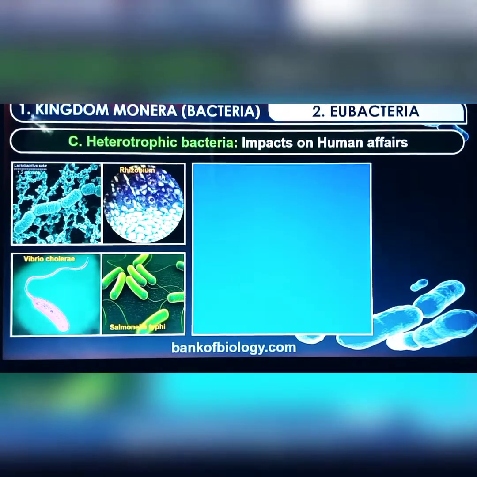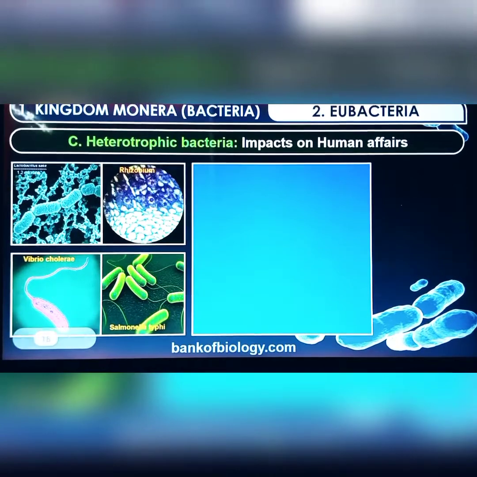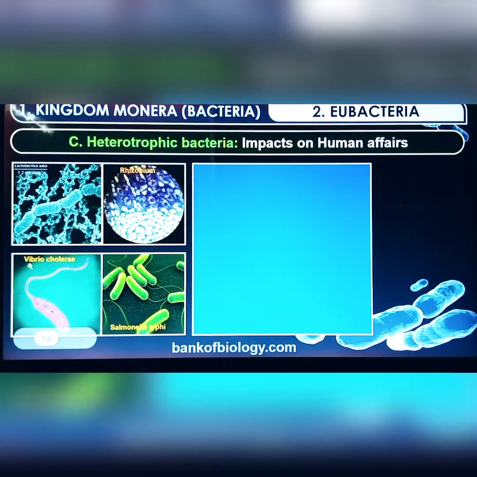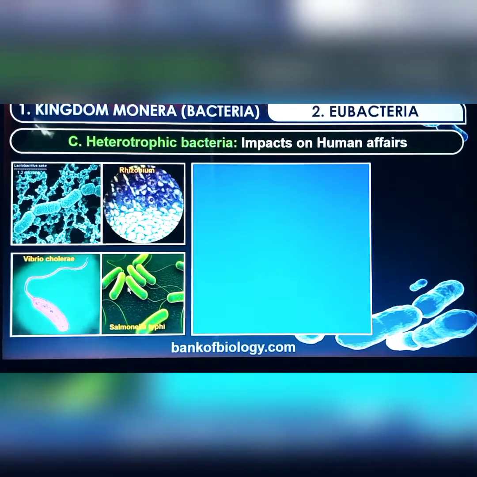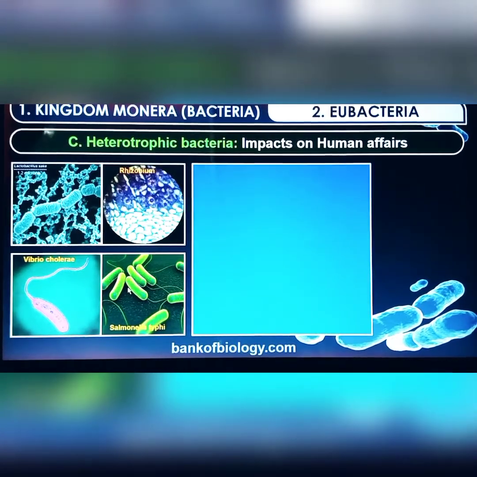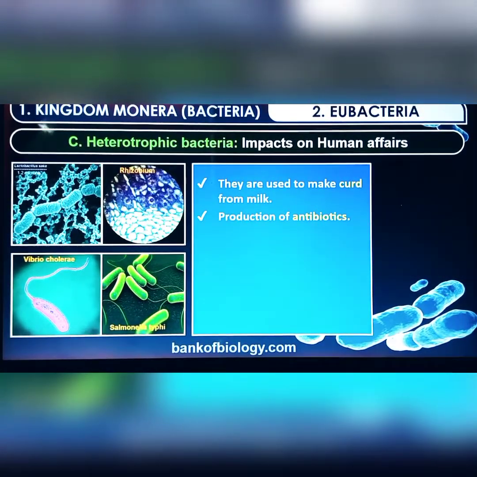This is Rhizobium bacteria that can live in the roots of leguminous plants, and this is Vibrio cholerae. Vibrio cholerae can cause a disease like cholera, and this is Salmonella typhi. At present, these are the most common types of bacteria that can infect most people.